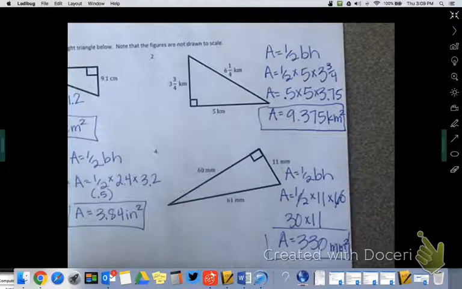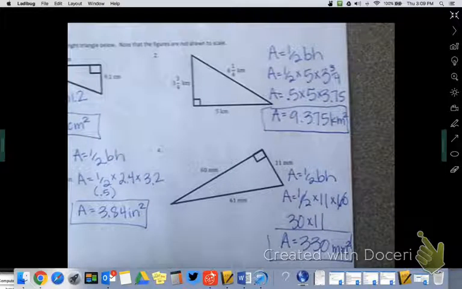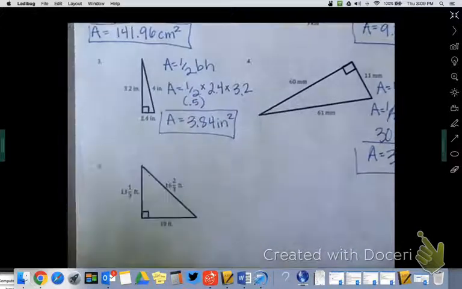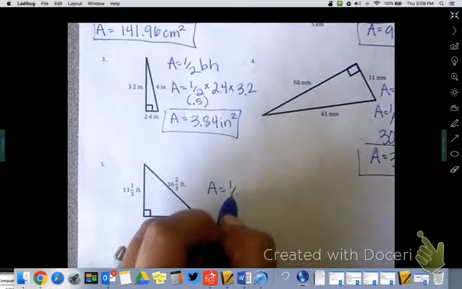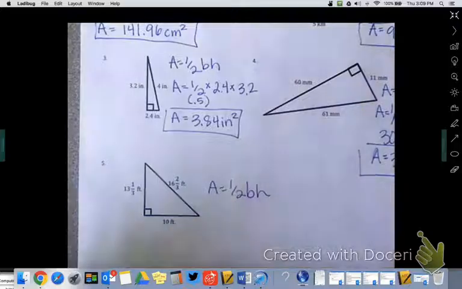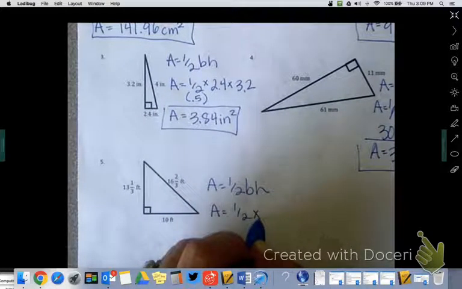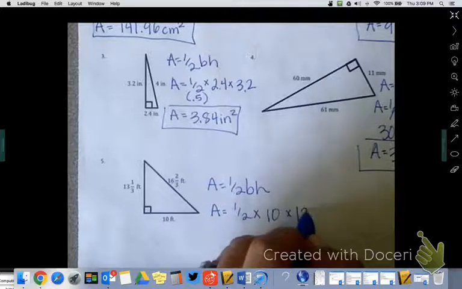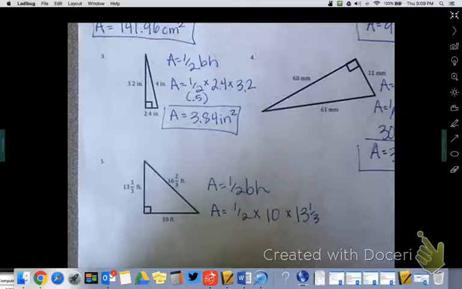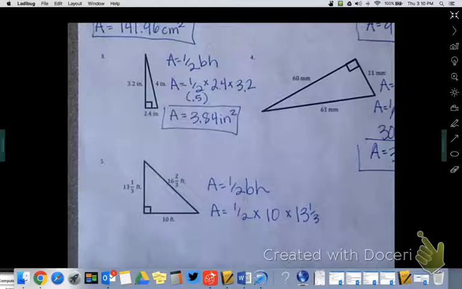Okay, try number 5. All right. Area equals 1/2 times base times height. Area equals 1/2 times 10 times 13 and 1/3. I'm going to leave this as a fraction because I cannot convert that 13 and 1/3 into a number that terminates.